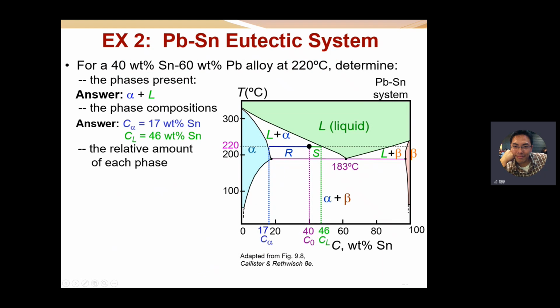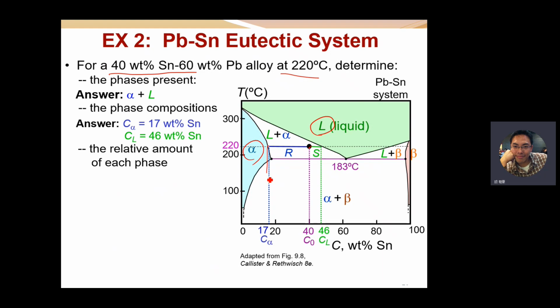So that's the example that I already mentioned. If I get a condition where the composition is 48% of tin, and the temperature is heated up to 220 Celsius, we can find its phase is two phase, right? At this point, it's liquid plus alpha.